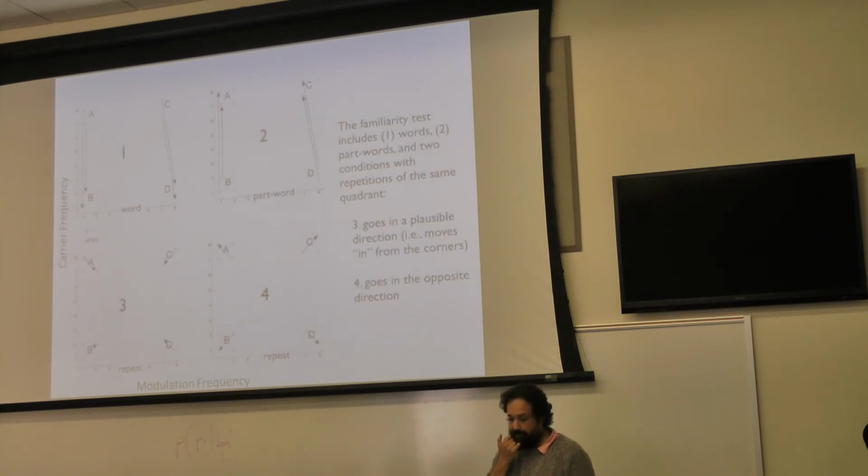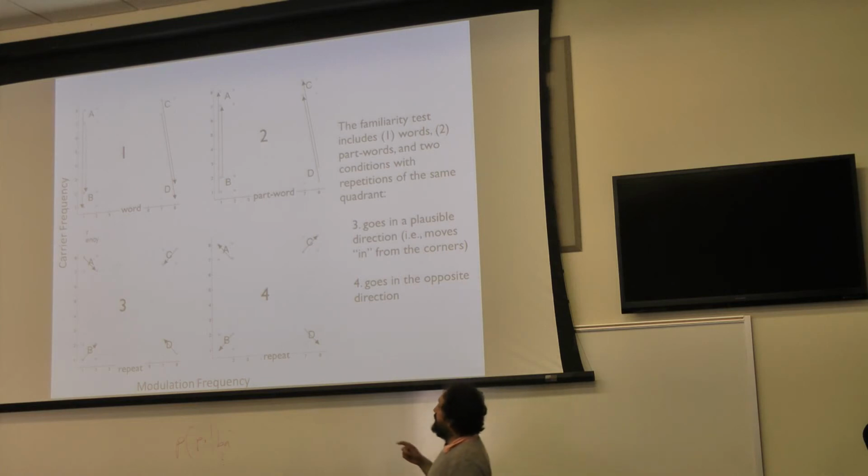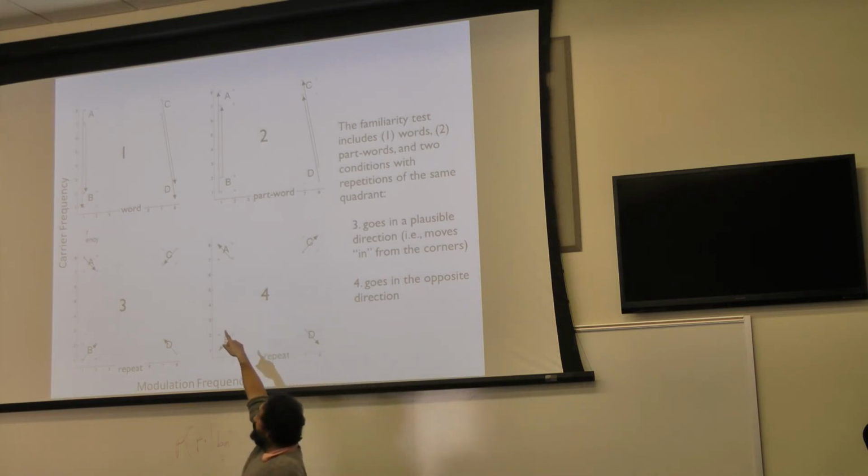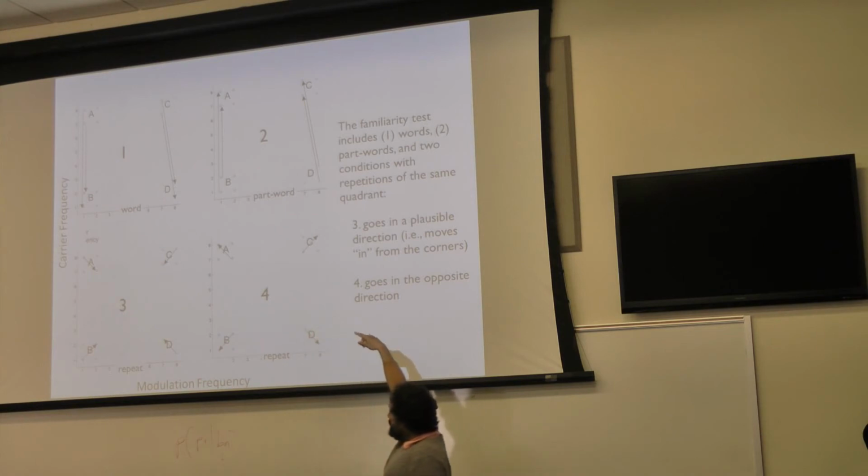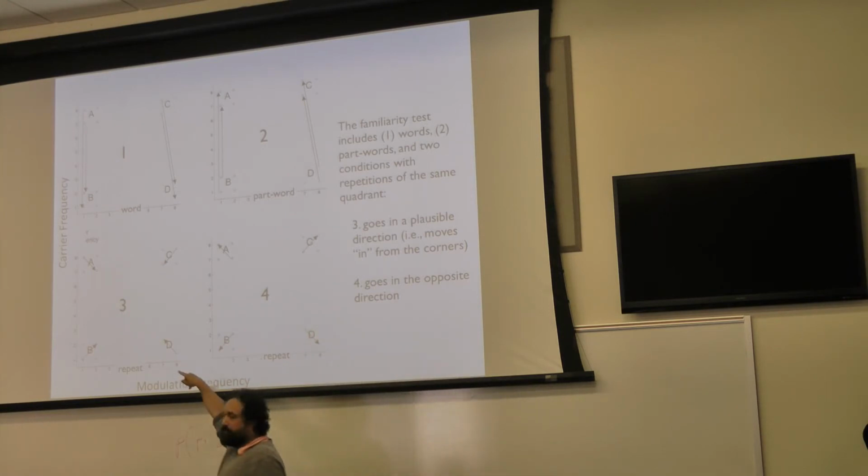So here's what the familiarity test includes. It includes real words, and it includes part words going back in the opposite direction. Because we have multiple stimuli in each of these quadrants, we can have 2 repeat conditions. One is a repeat condition where you start in A and you end up in A, but you go in a plausible direction.